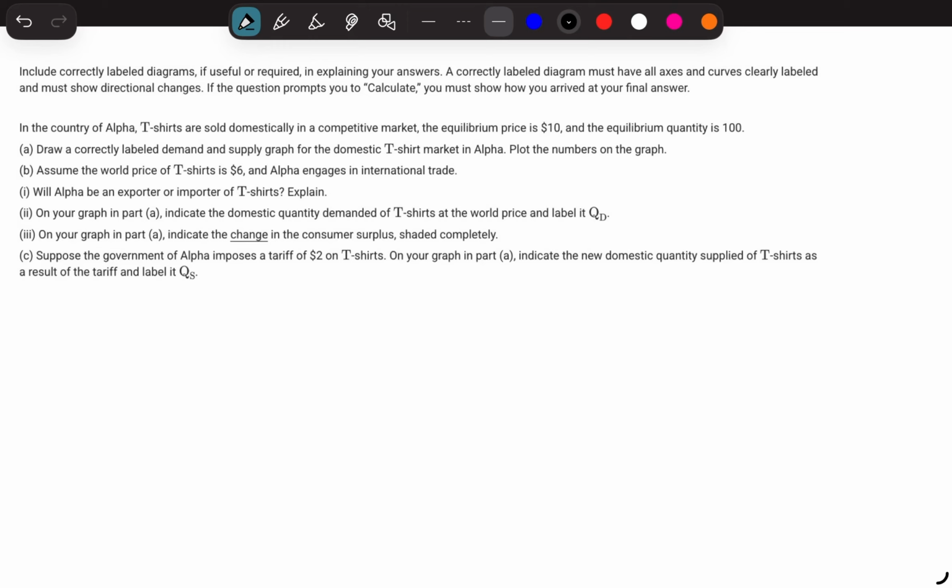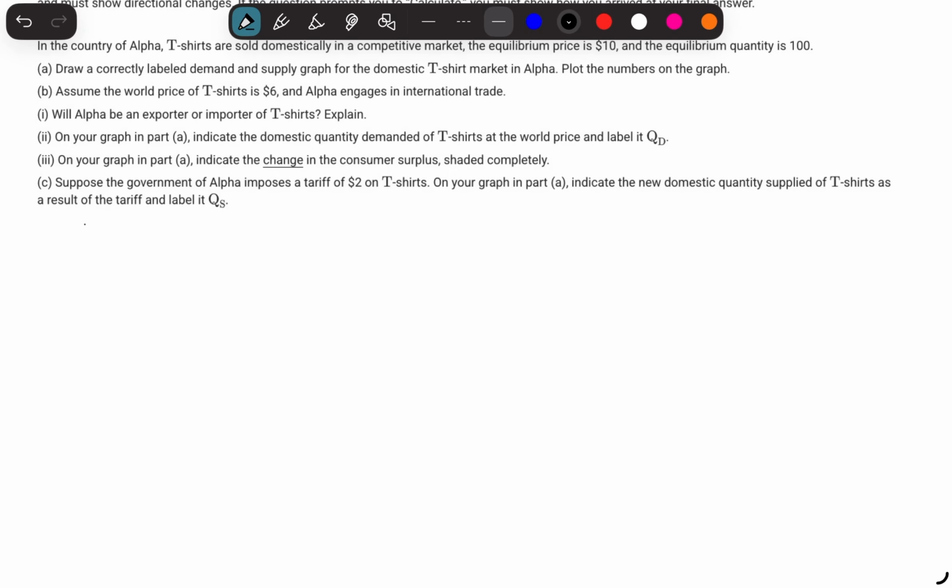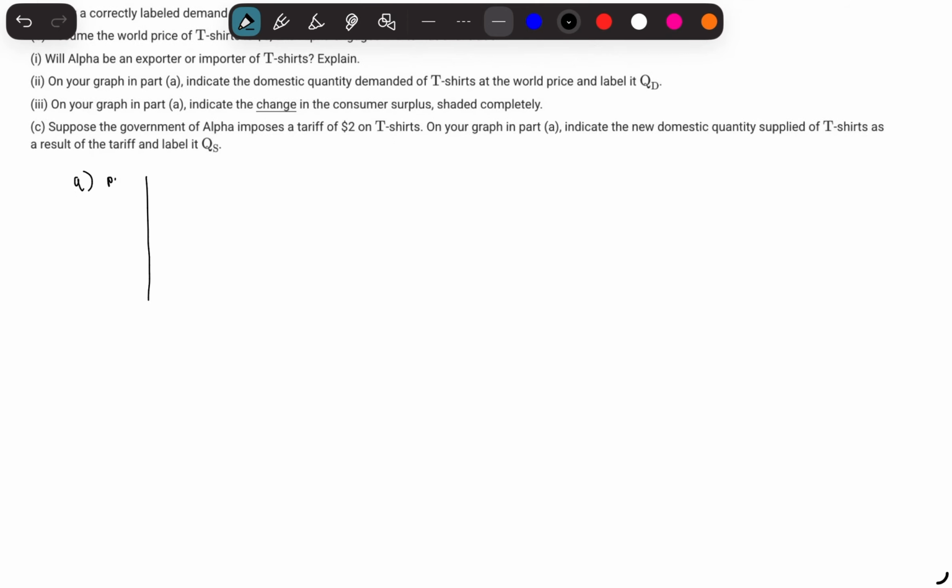Okay, so let's draw the domestic market. So do this for A. We're going to include our vertical axis, which is price, and we're going to include our horizontal axis, quantity. And our equilibrium is going to be here.